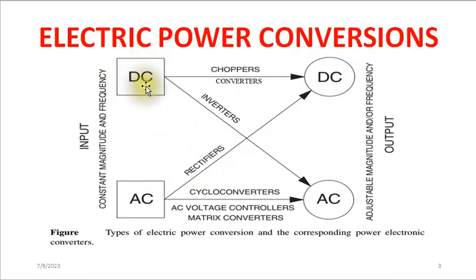If you want to change DC to AC, like the case of solar power, which is DC in nature, you are going to be using inverters. Whenever you want to change DC from one voltage level to another voltage level, the same DC, you use either converters or choppers as the power electronic circuit for doing that.